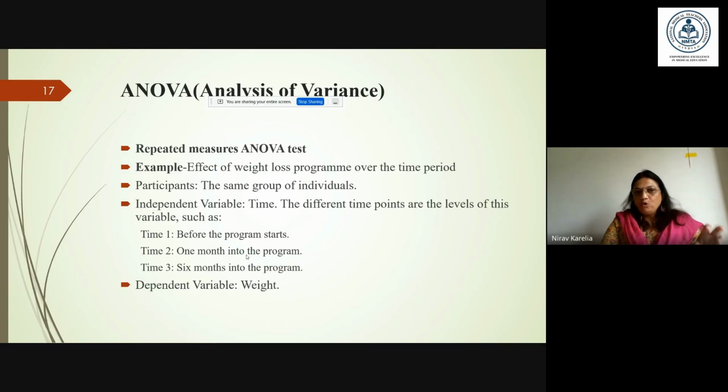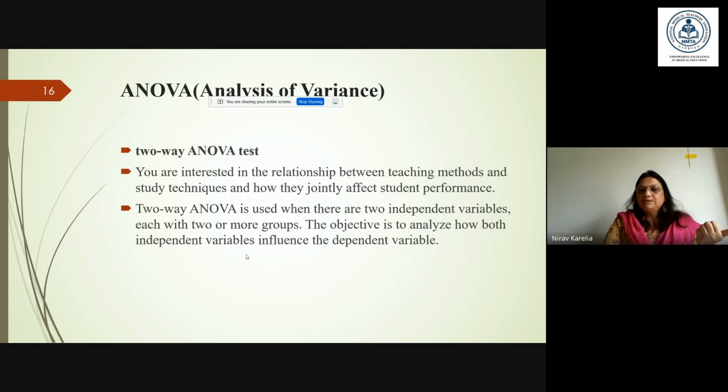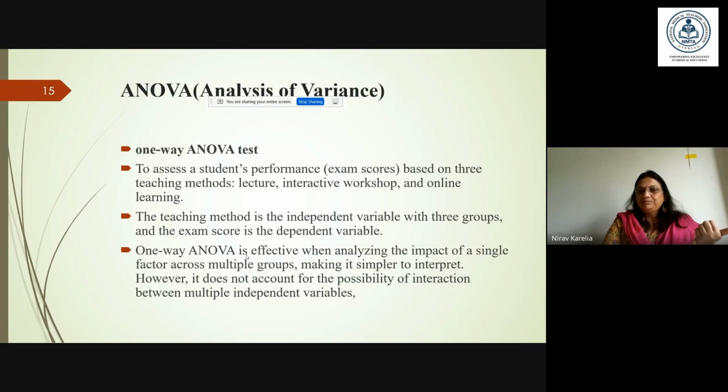So I think all of you are clear what we mean by one-way, two-way and repeated measure ANOVA. But here one thing is important: the outcome variable, or you can say the dependent variable. Here the dependent variable is the exam score.